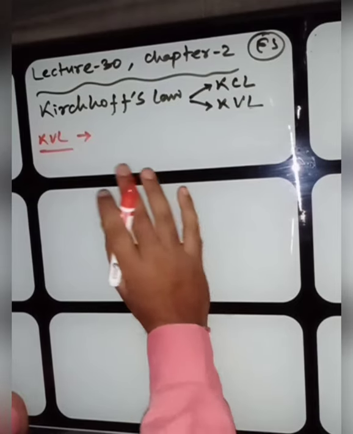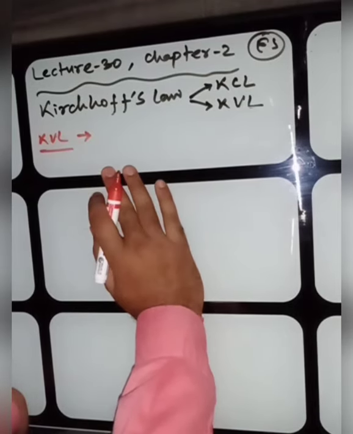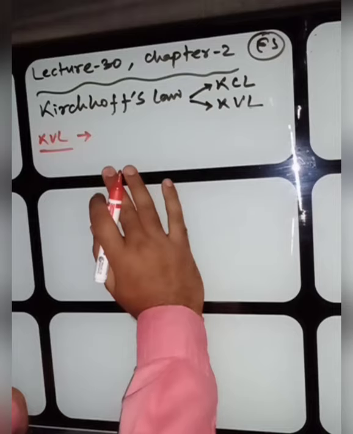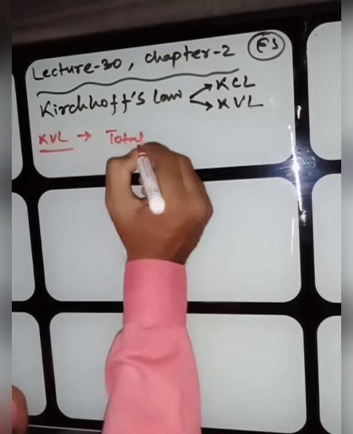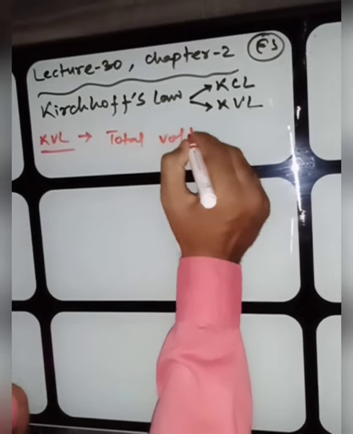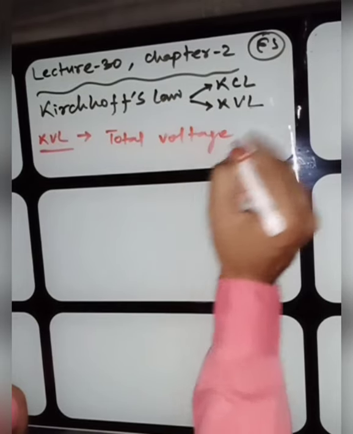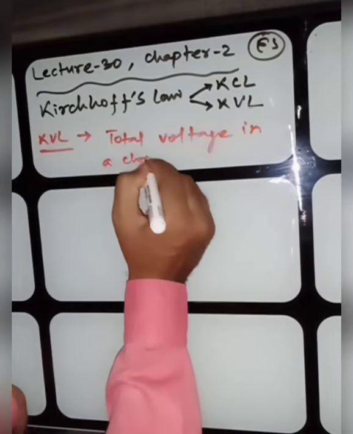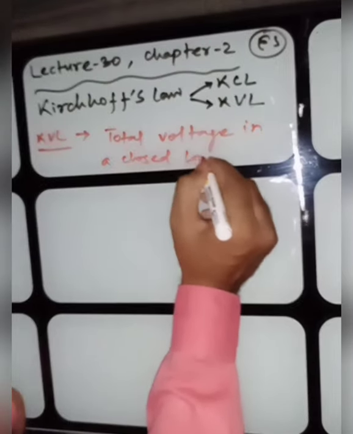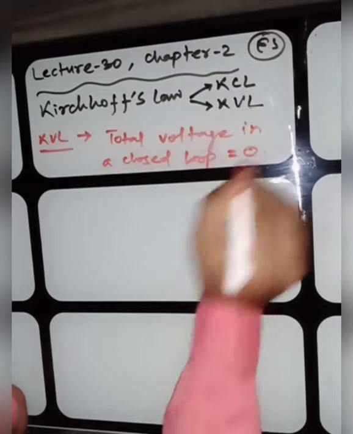Now, my dear student, in this particular law, Kirchhoff has given the concept: remember, the total potential or voltage in a closed loop must be equal to 0.